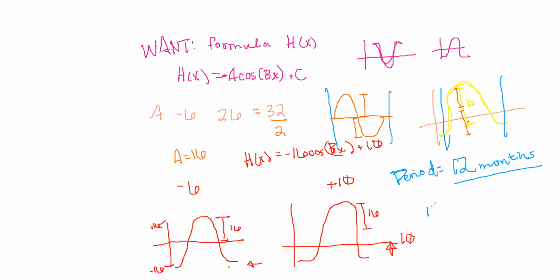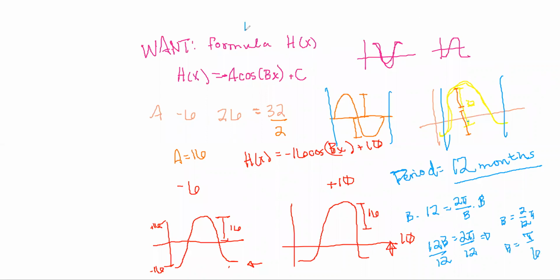So if we use our equation that we're given, 2 pi over b, what we're trying to find is b. I would multiply both sides by b. 12b is equal to 2 pi. Divided by 12, B is equal to 2 over 12 pi, or B is equal to pi over 6.